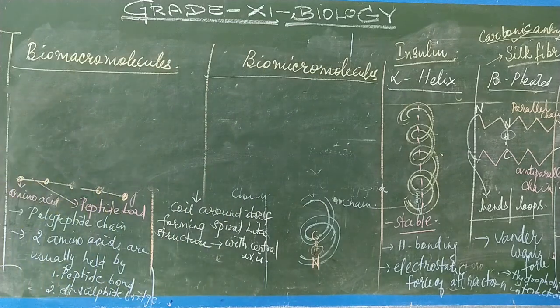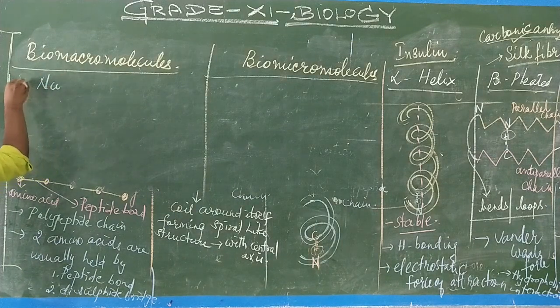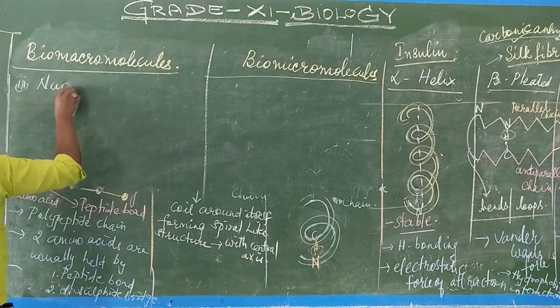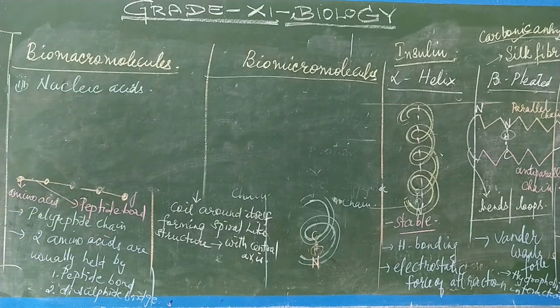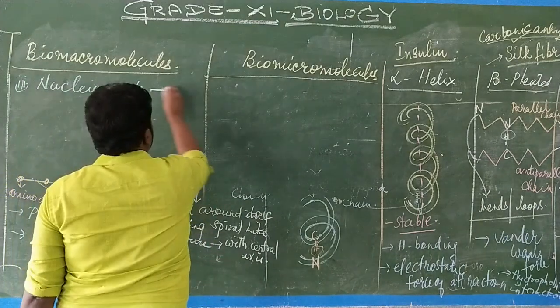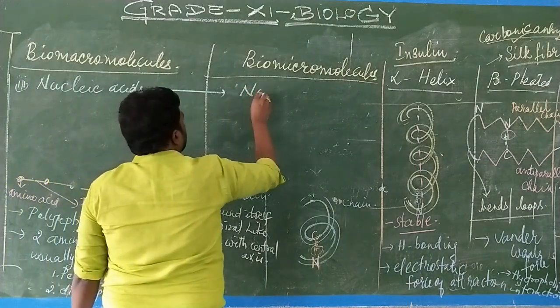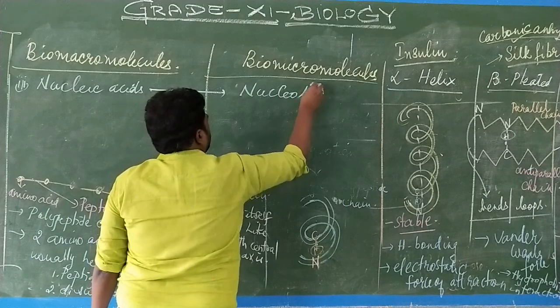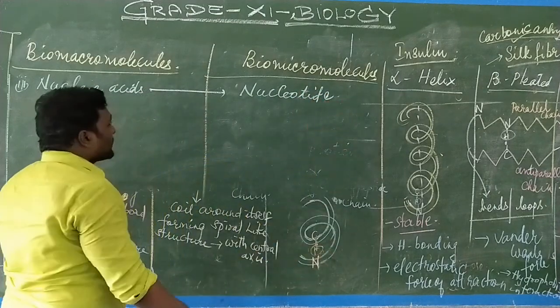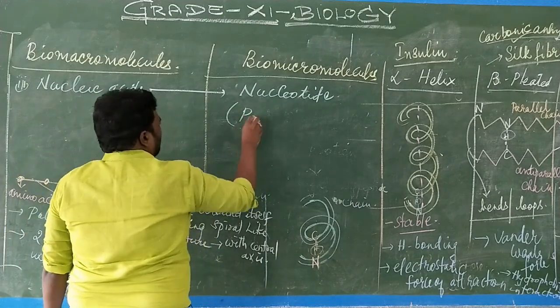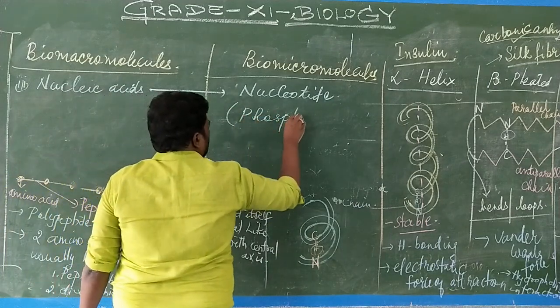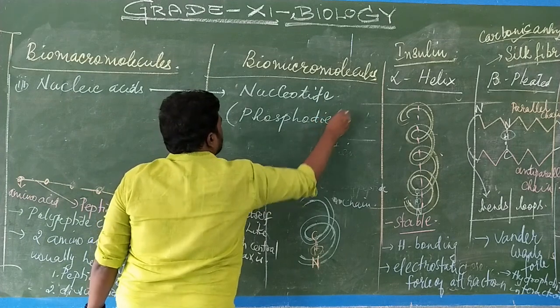Under the biomacromolecules, we are going to see the third one, isn't it? Nucleic acids. The biomicromolecule of nucleic acid is nucleotide. The nucleotides are held together by means of a linkage called phosphodiester bond.